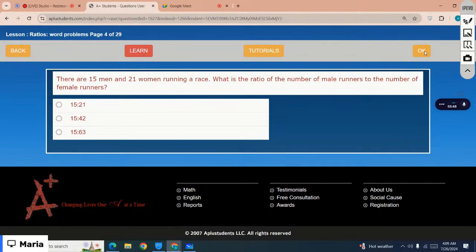The correct option is 15 to 21. Option number 1 is the correct option, right?